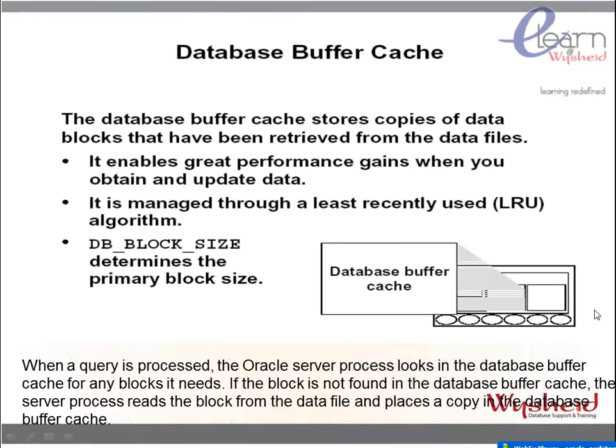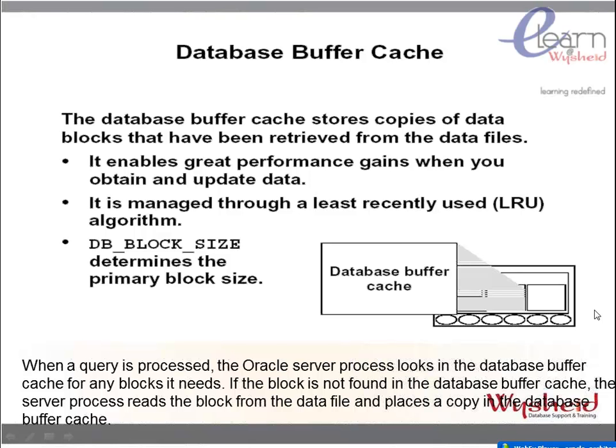Say, for example, I have given a select star from employee. Some data has already reached the buffer cache and is sitting there. Then another user gives a select star from employee. Oracle can utilize the data in the memory itself. Oracle does not have to do a disk read, because reading from the disk is highly costly compared to reading from memory.